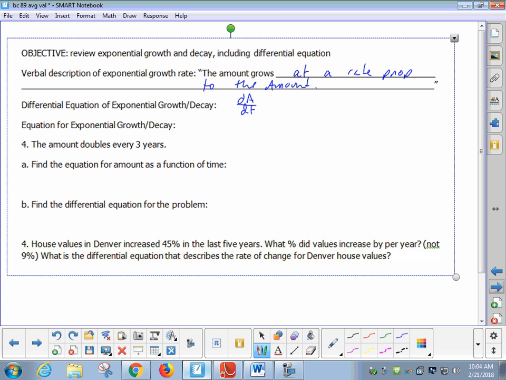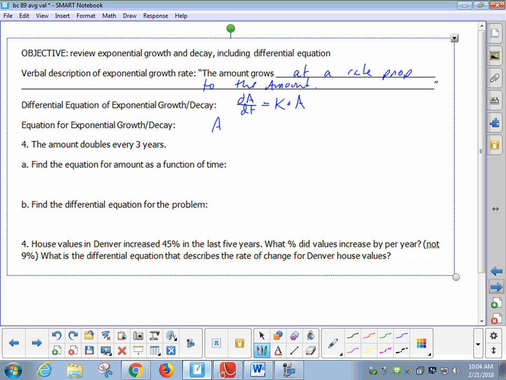The rate of change in the amount is proportional to, twice as much, 3 times as much, 4 times as much, some number of times as much as the amount. Proportional means there's a scale factor. Okay? And that factor is k. Equation for exponential growth or decay.